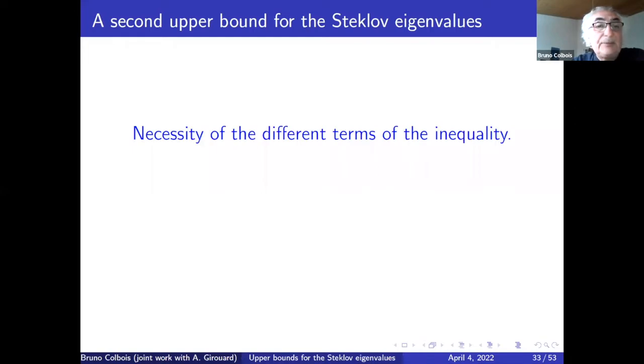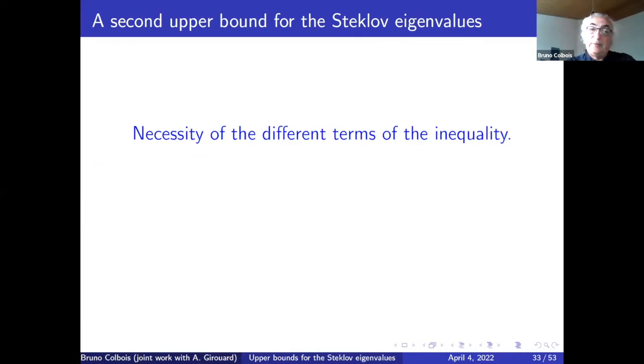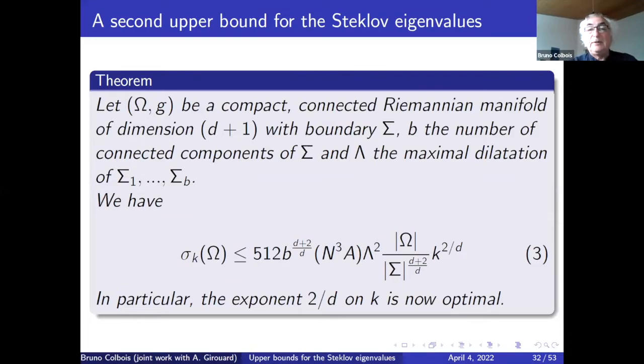For example, the volume: it's exactly the same example as above, that is the conformal deformation inside the manifold. For the volume of the boundary, it has to be large enough in some sense. If it is too small, it gives a very bad estimate a priori.